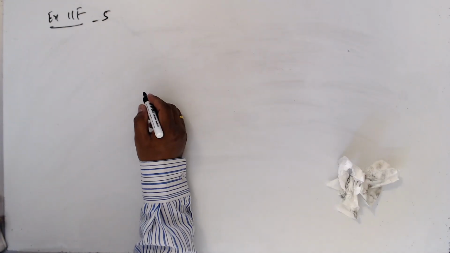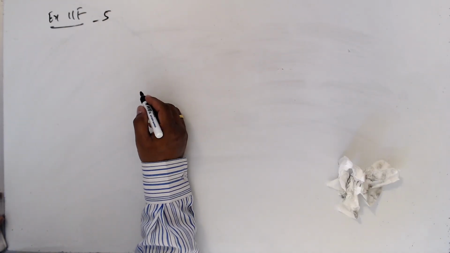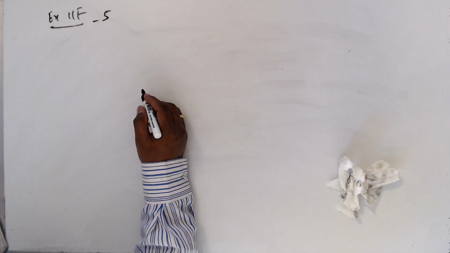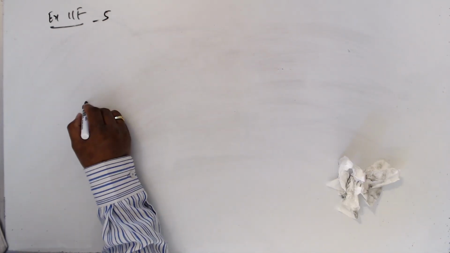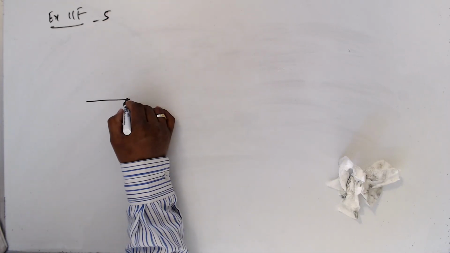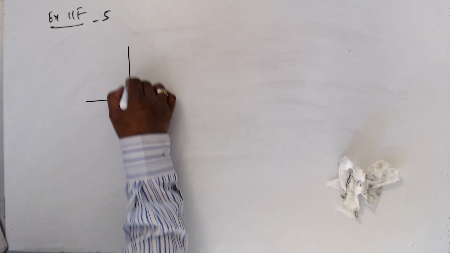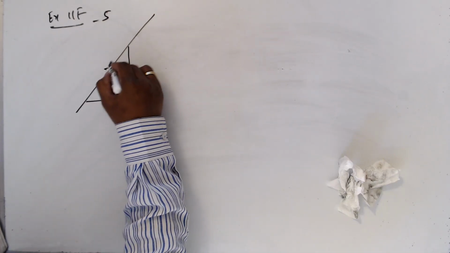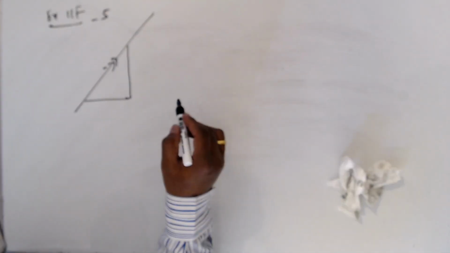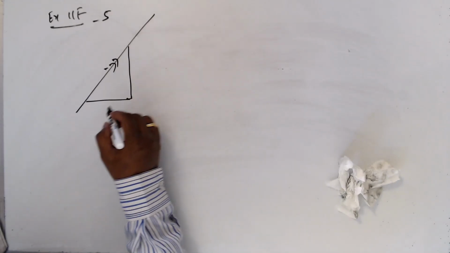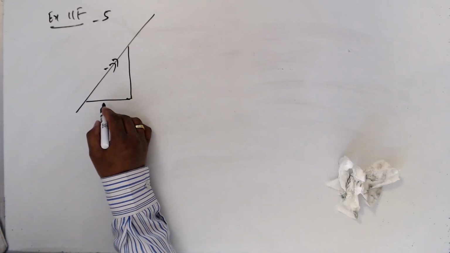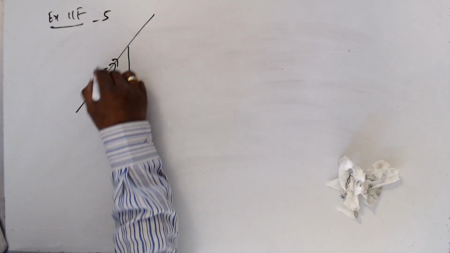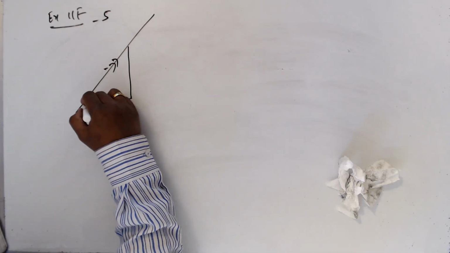Question number 5. A mass is moving in which direction? 5 and 7. It means it's moving in this direction. So what is the acceleration in this direction?